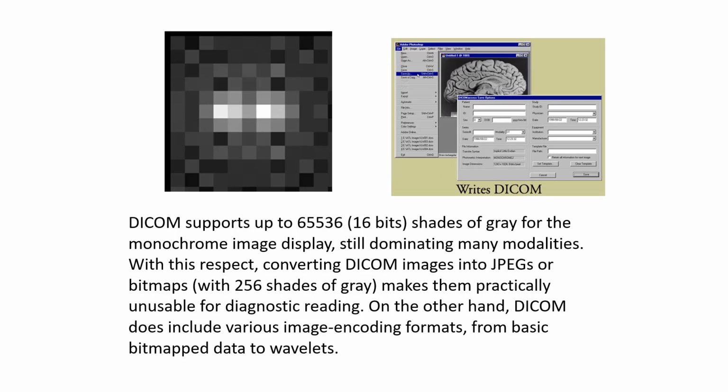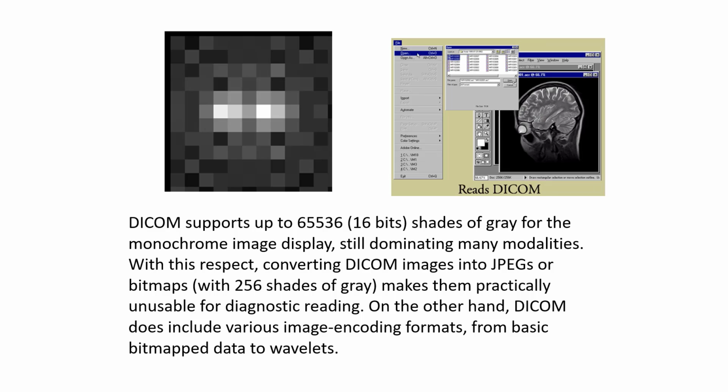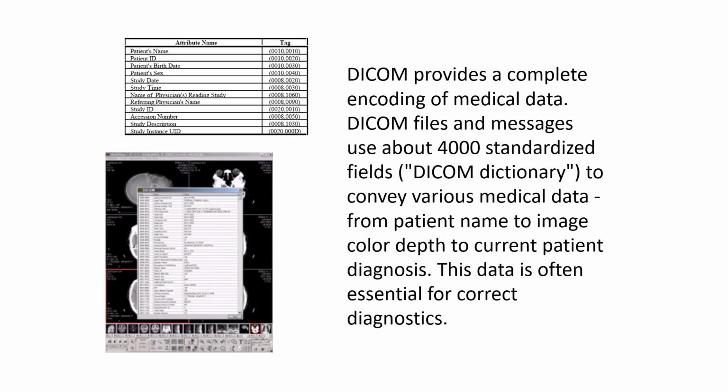The display is created in the equipment using lookup tables, and then this is exported out in a DICOM format. DICOM provides a complete encoding of medical data. DICOM files and messages use about 4,000 standardized fields, which you can look up in the DICOM dictionary.